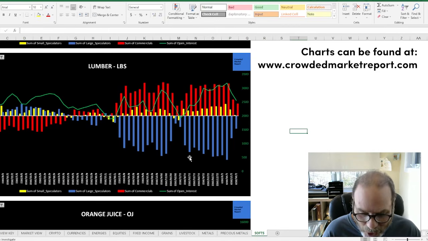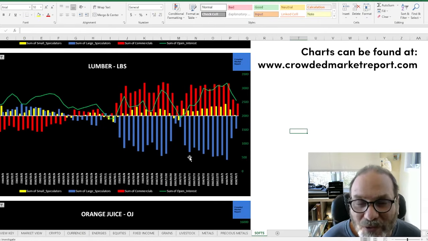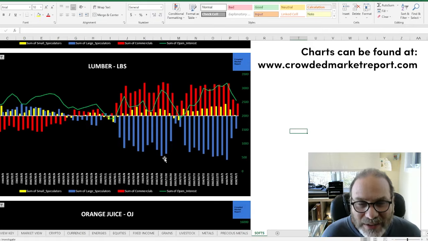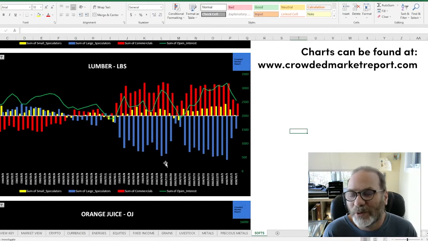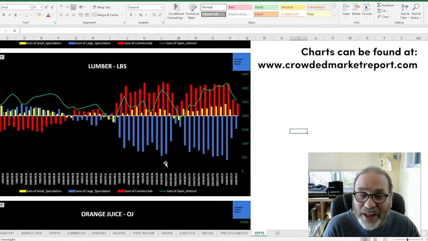You have to look for market, just like any system or any process, you have to wait for market confirmation first. So I'm not going to get long lumber until I see some bad news for lumber, like bad housing numbers or bad housing start numbers or some kind of lumber inventory numbers that are negative and the market doesn't go down again.